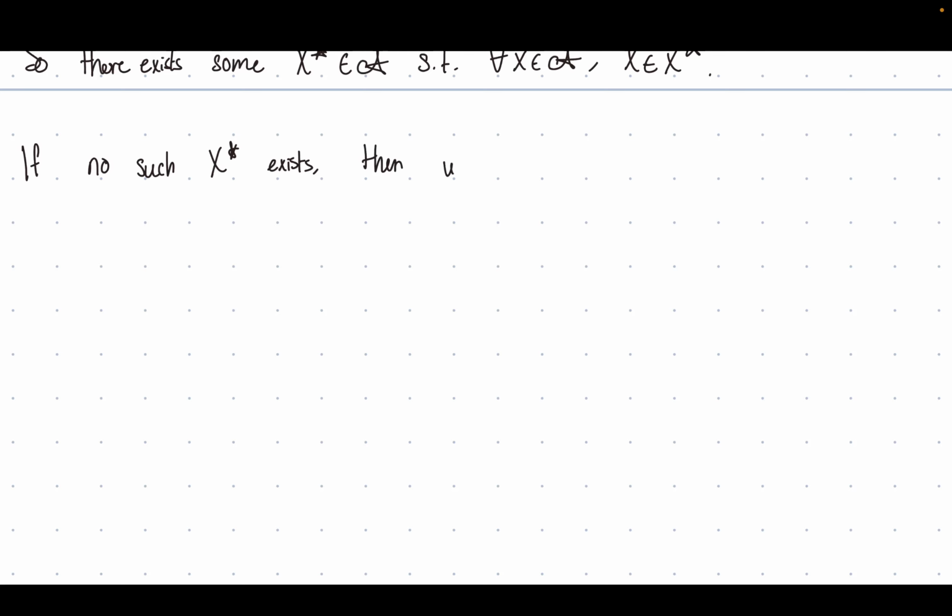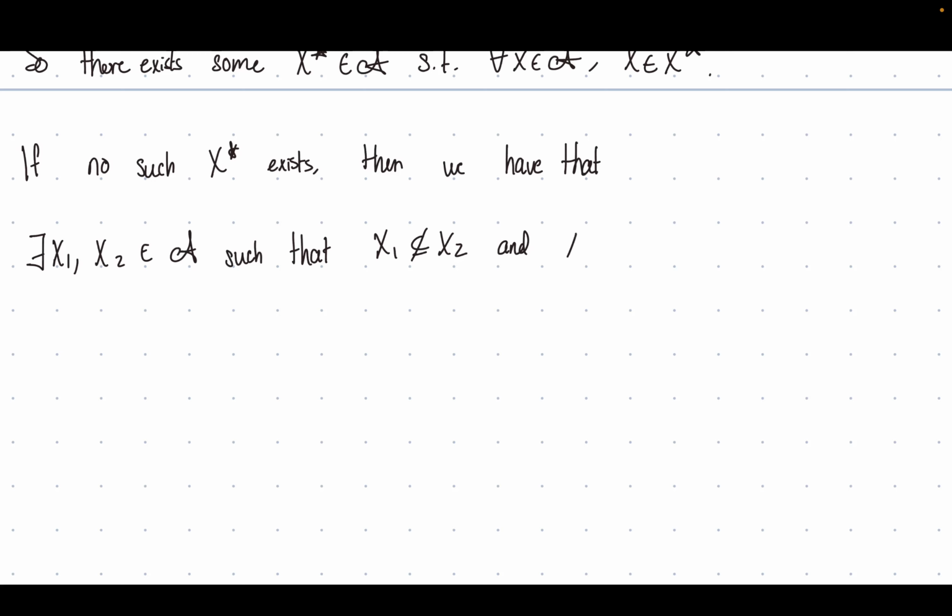I'm just copying it straight from my notebook, which is not the best source of information sometimes. There exist x1 and x2 in script A such that x1 is not a subset of x2 and x2 is not a subset of x1.